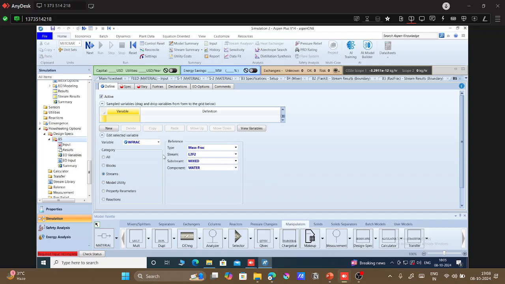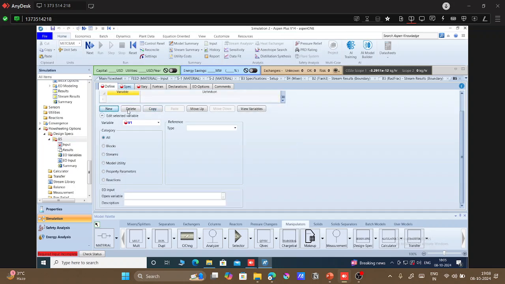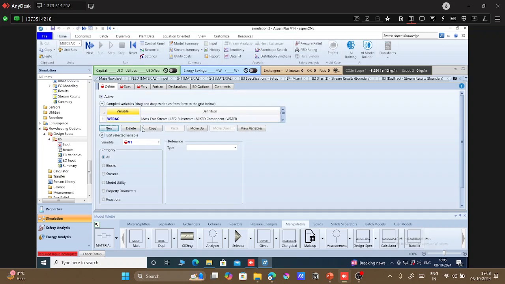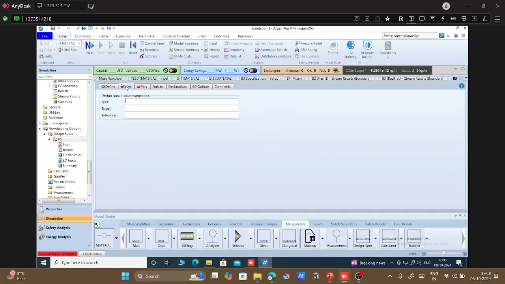Okay, variable 1, sorry, I forgot to add it here. So water fraction is added.